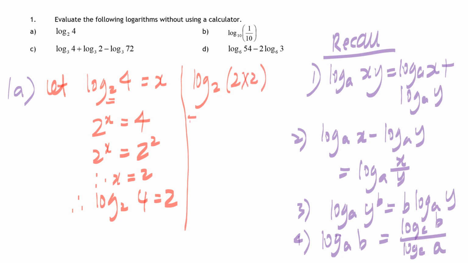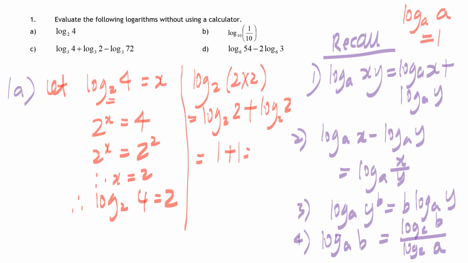So you can simplify it into log 2 base 2 plus log 2 base 2. And we've learned earlier on that log a base a is 1. So log 2 base 2 is 1, so 1 plus 1 equals 2. This is the second way.